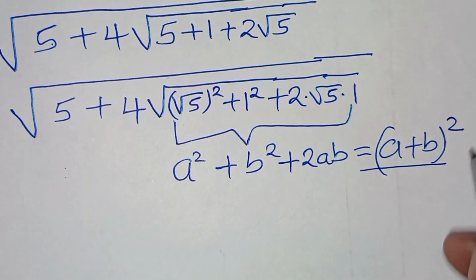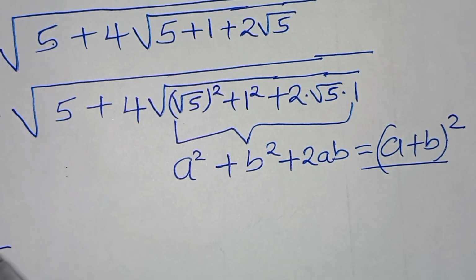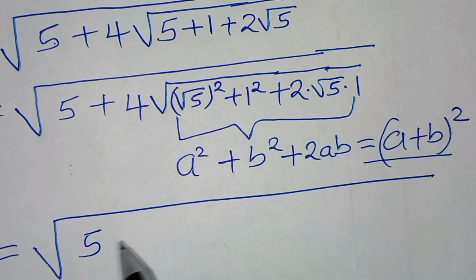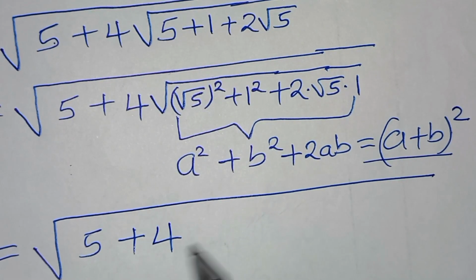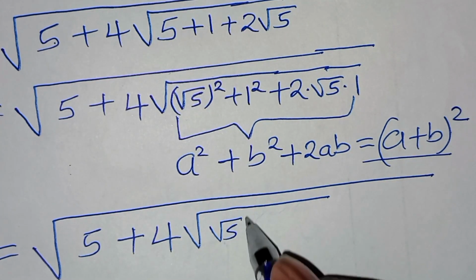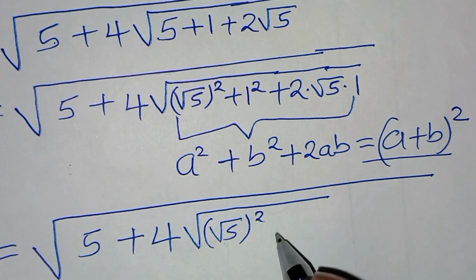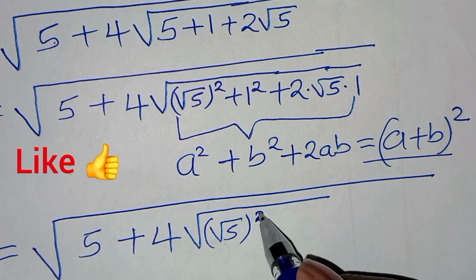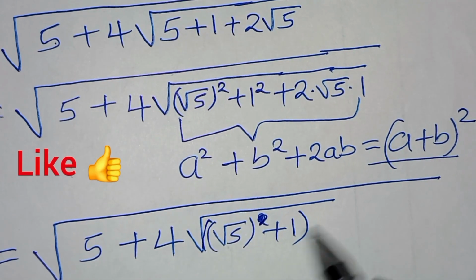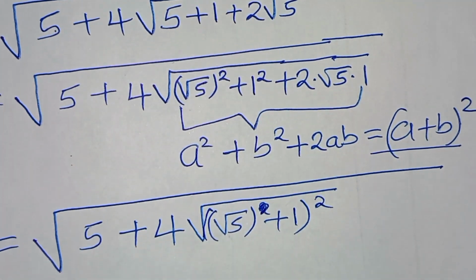Applying this algebraic identity, then here we have the square root of 5 plus 4. Now here we'll have the square root of 5 squared. Now we can write this as square root of 5 plus 1, everything here squared.